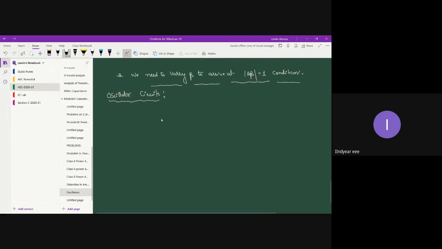Now we'll be discussing different oscillator circuits. First, we will start with low frequency oscillator circuits, which are also called audio frequency oscillators, followed by radio frequency oscillators.